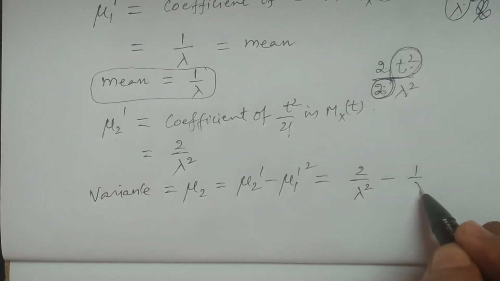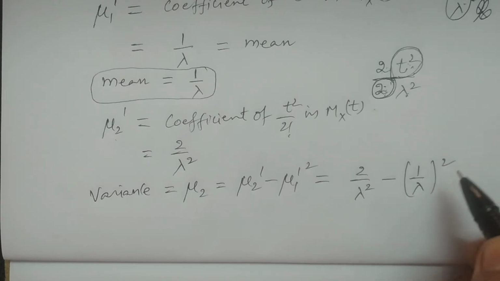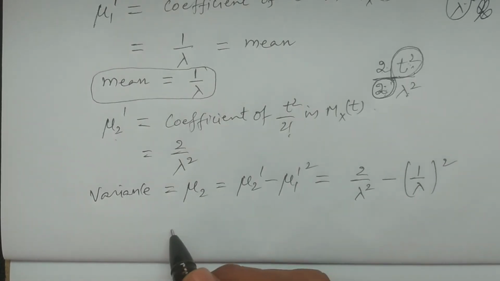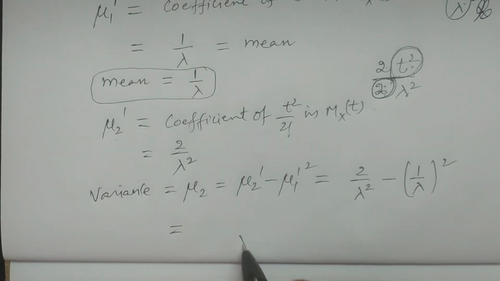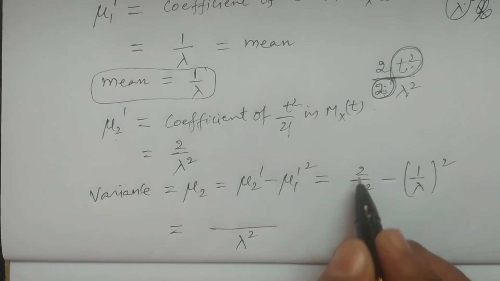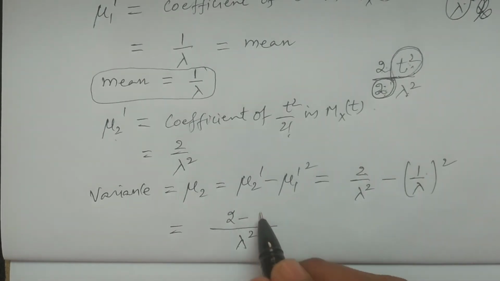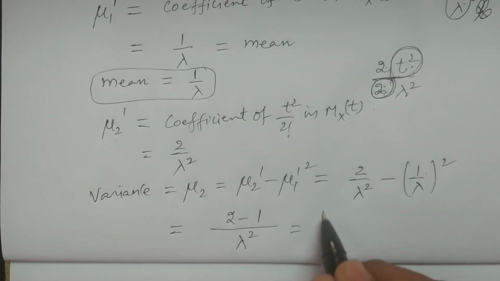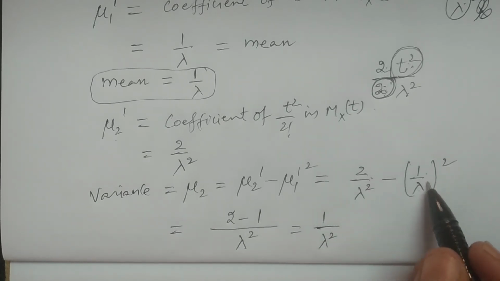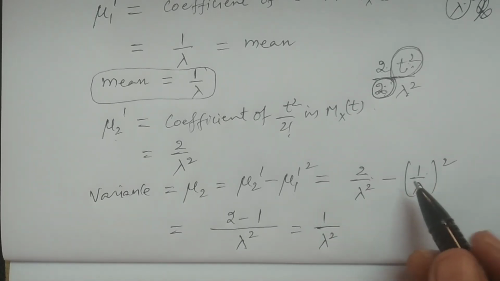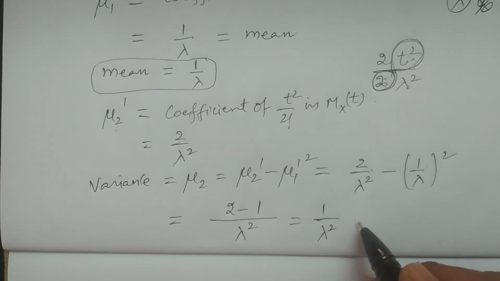It is (1/lambda) the whole square, so 1/lambda^2. Taking the common LCM lambda^2, in the numerator 2 minus 1 gives 1/lambda^2. Of course you need not do it like this; 2/lambda^2 minus 1/lambda^2 is directly 1/lambda^2. So 1/lambda^2 is the variance.